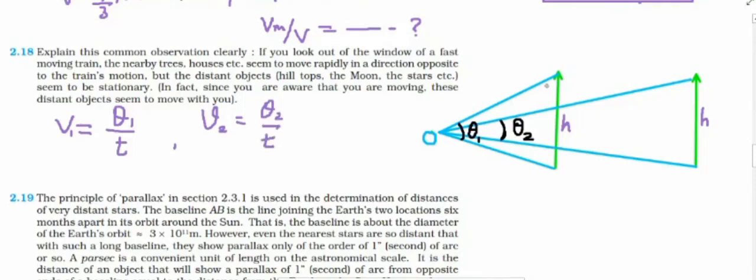You see there, the angle subtended at the eye for the nearby object, theta 1, is much greater than the angle subtended by the same object if it is far away from you. As theta 1 is greater than theta 2, we can say v1 is greater than v2, which means you will observe the speed of the nearby object is much greater than the speed of the distant object in their relative motion, what you observe.